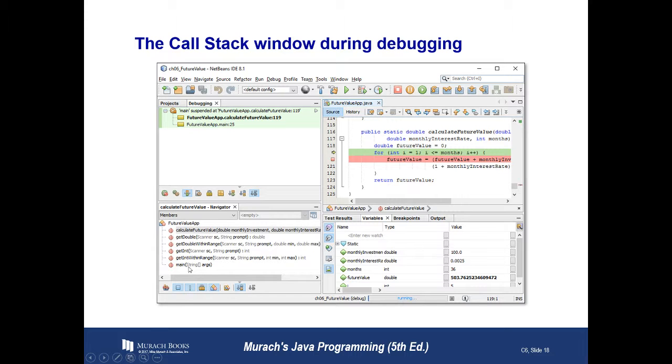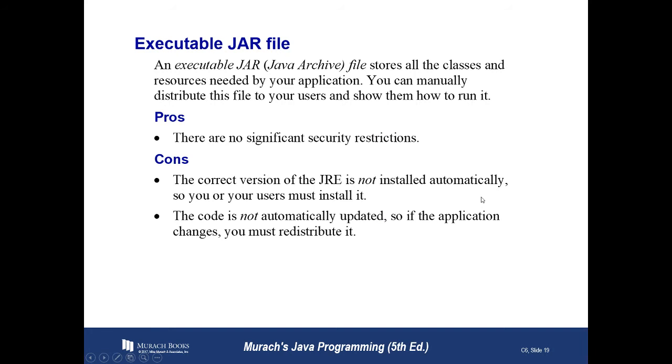So if we look at this call stack window right here in this debugging session, we can see that the main method called a method getIntWithinRange, which called the method getInt, which called getDoubleWithinRange, which called getDouble, and finally calculateFutureValue. So we have a huge stack here, and again we can see what call sequence has occurred by looking at that window while we're using the debugger.